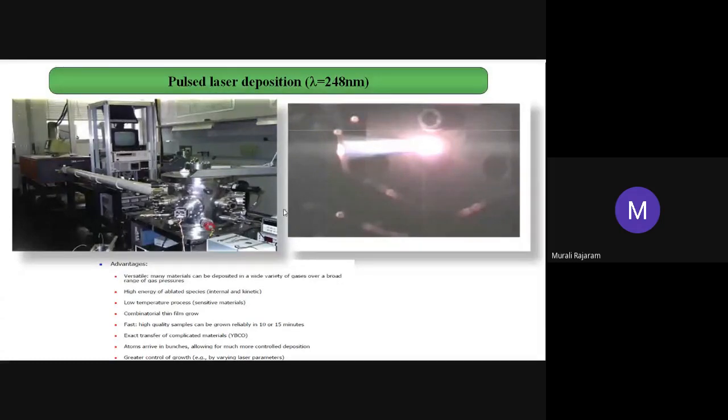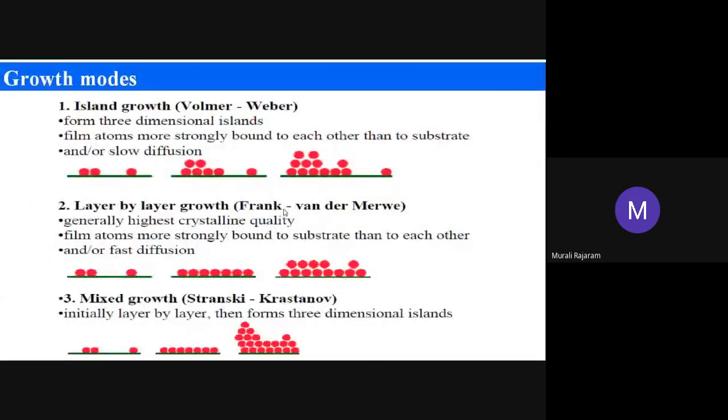I will quickly move on to how the thin film grows on a single crystalline substrate. There are three types of growth modes.